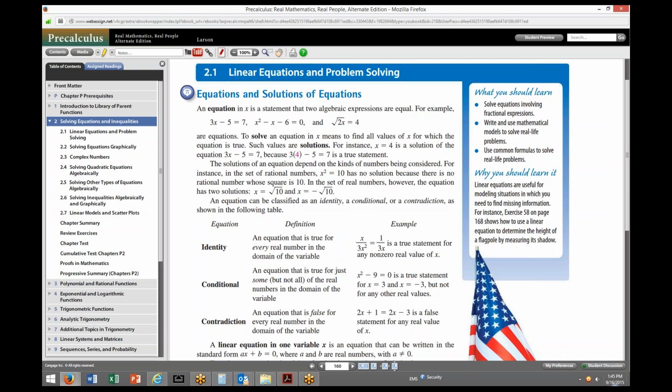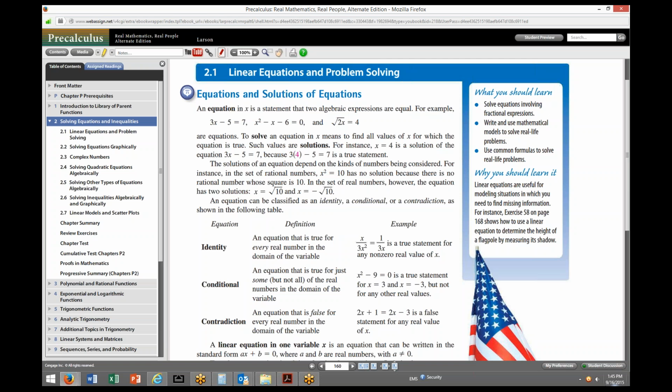So usually what we're concerned about with equations is we want to know what values of x will make that equation true. And we call those values of x the solutions of the equation. The solutions are the values of the variable that make the equation, or in the case of an inequality, the inequality, a true statement.